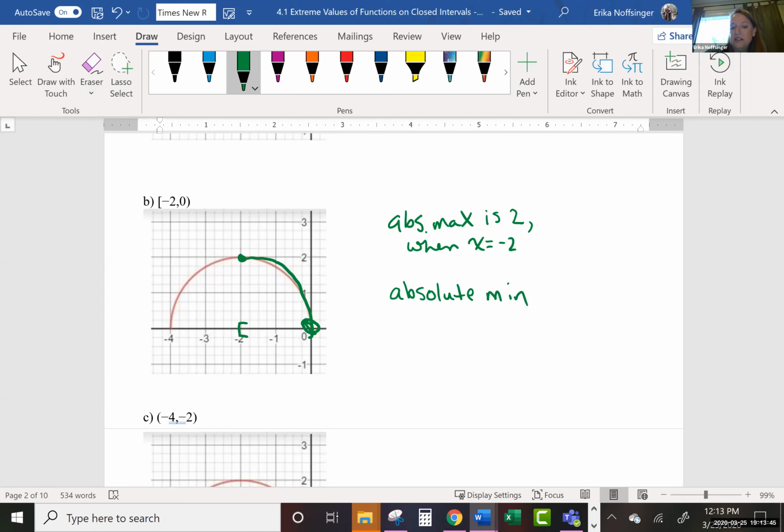We're approaching 0, but you can always give me a number that's less than 0 that's going to give me a smaller y value. So there's no absolute min here, because x equals 0 is not part of the interval.